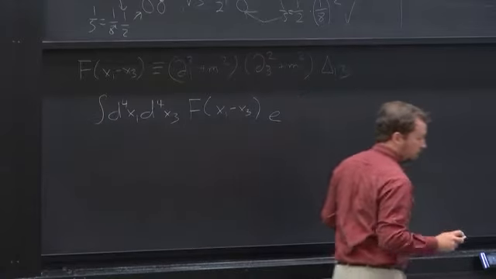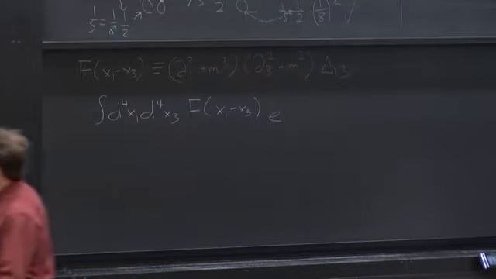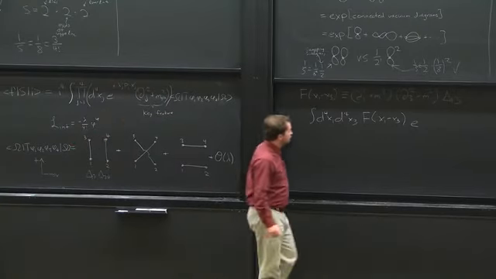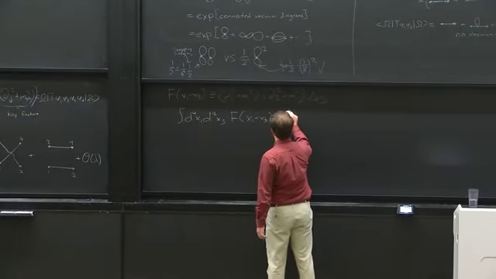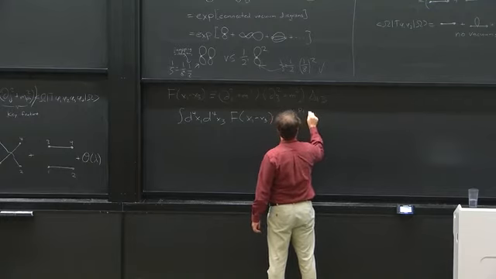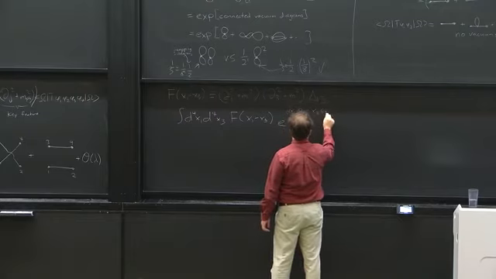And did I get the signs right before? Sorry, I missed the sign here. This should be plus. And then we have the exponentials e to the i x1 p1 minus x3 p3.